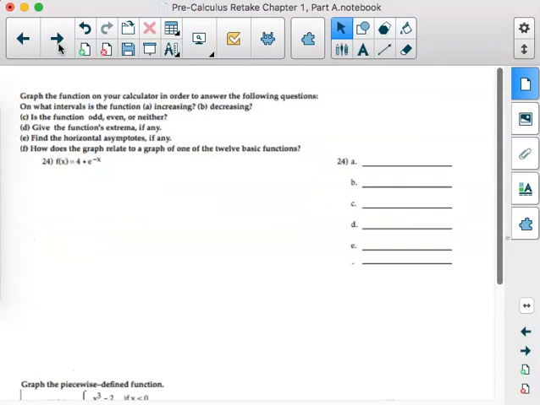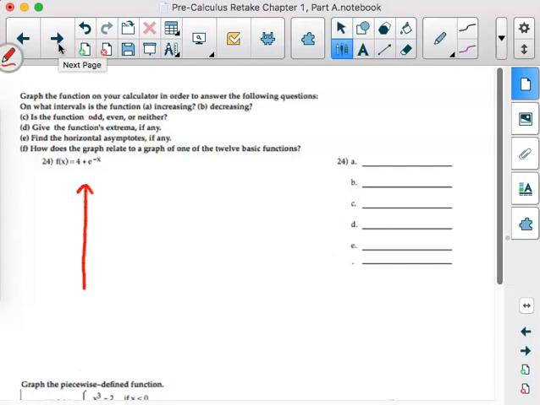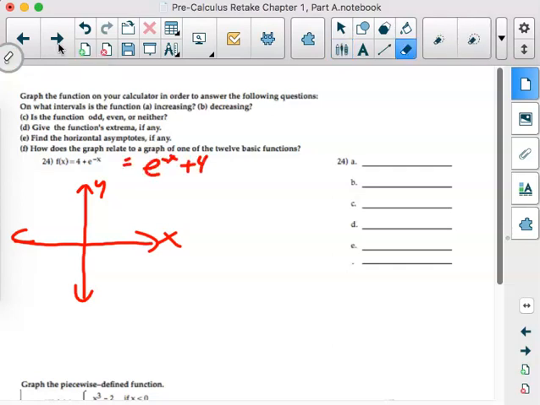Graph the function on your calculator in order to answer the following questions. On what interval is the function A increasing, B decreasing, C odd, even, neither, D the function's extrema, find the horizontal asymptotes, and how does the graph relate to the graph of the 12 basic functions? So first things first, you had to graph it. And you didn't necessarily have to have a graphing calculator for this one if you thought through what's happening here.